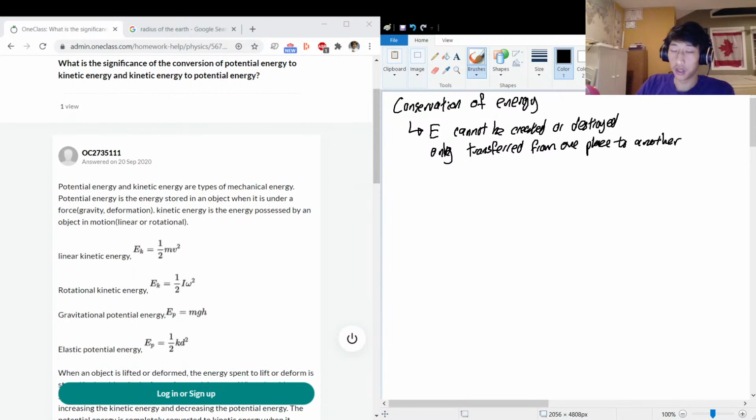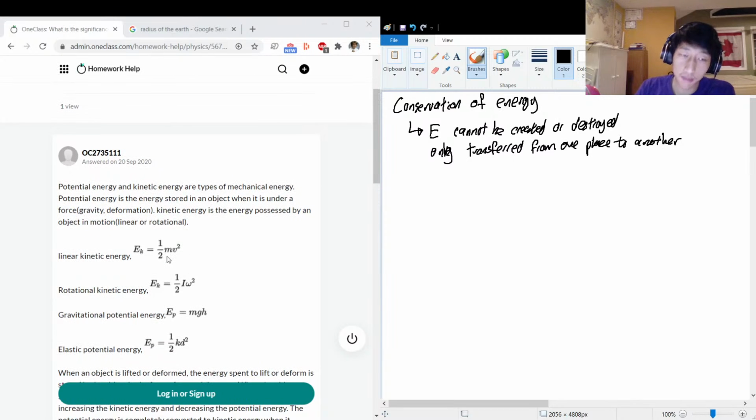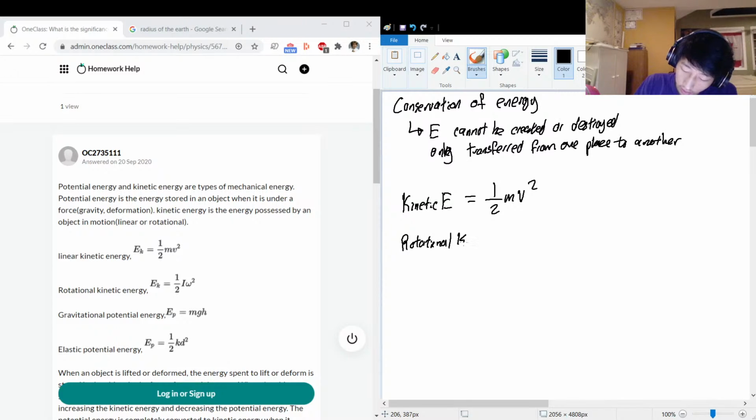Okay, so here in the solution that the junior tutor gave, we got a couple of different examples of some different energy equations, right? So we can do EK, or let's call this kinetic energy, 1/2 the mass times velocity squared. Rotational KE, for rotational kinetic energy, we got 1/2 I, which is the moment of inertia.